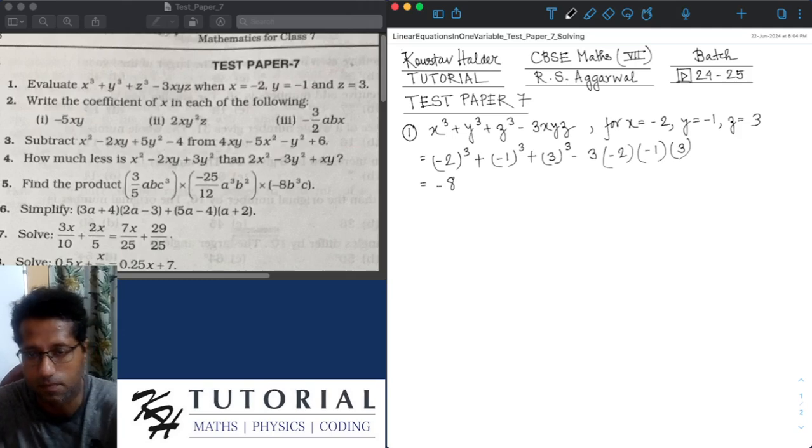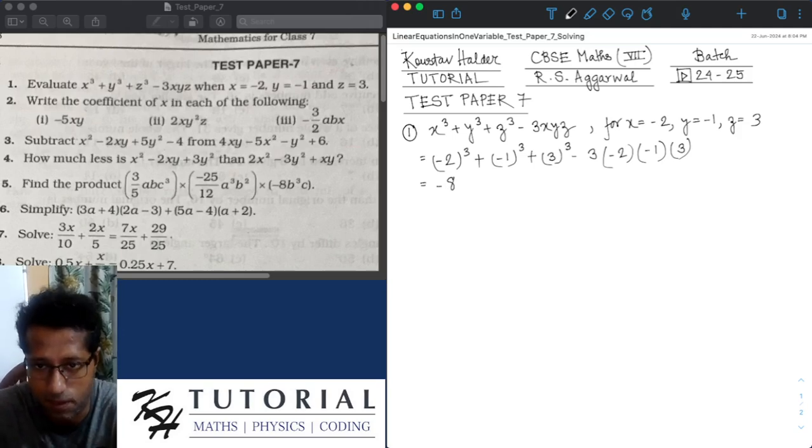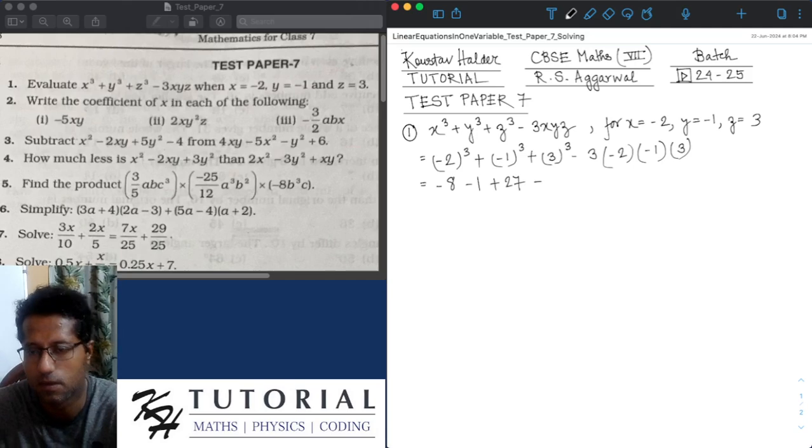Similarly, minus 1 cube is negative of 1 cube, that is minus 1. 3 cube is 27, and minus 3 into minus 2 into minus 1 into 3 is nothing but 3 into 2 into 1, that is 9 into 2, that is 18.